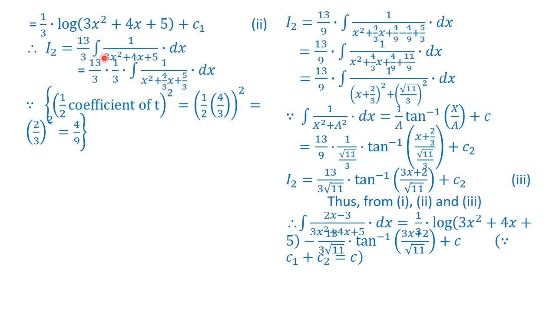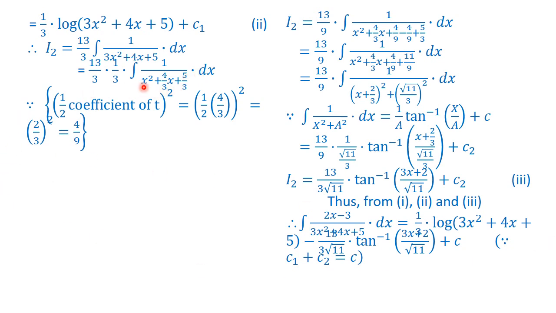Inside the integral, the terms reduce to the form 1 by, as I have told you, if we take 3 as a multiple, then we have to divide all these terms by 3. So 3 by 3 gets cancelled, 1, that is x square plus 4 by 3 x plus 5 by 3, dx.